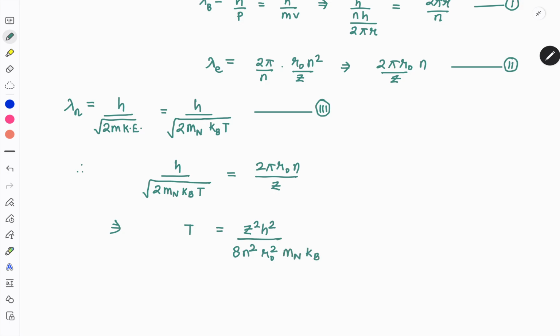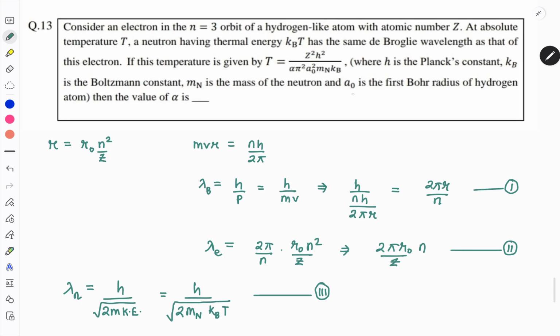Here I have replaced a0 with r0 because in classroom we generally use r0, so that's fine.